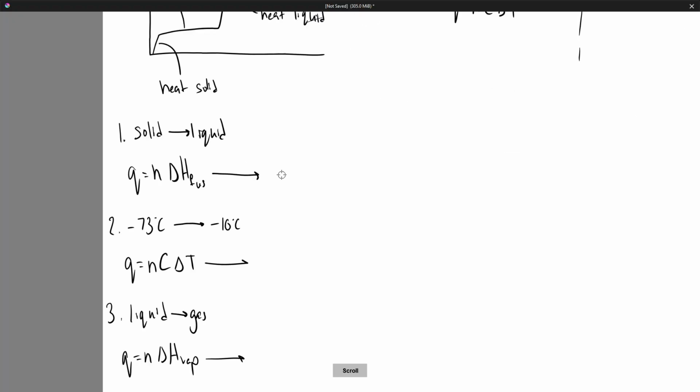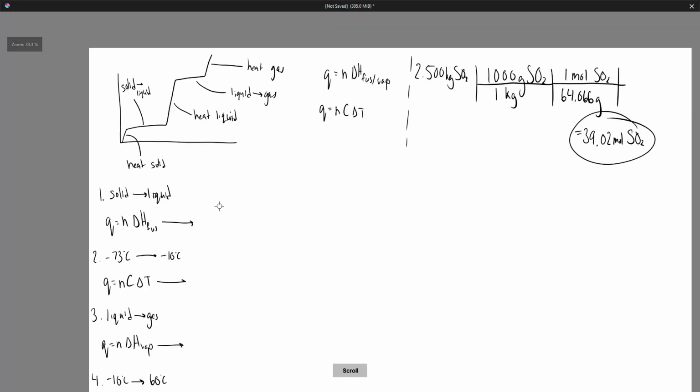So we plug it in for this right here. Okay, so it's Q equals 39.02 moles times the heat of fusion, which is 8.619 kilojoules per mole.